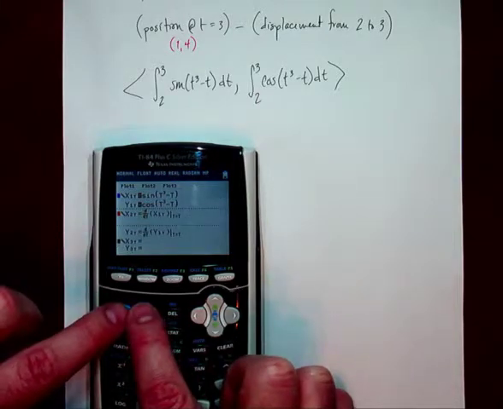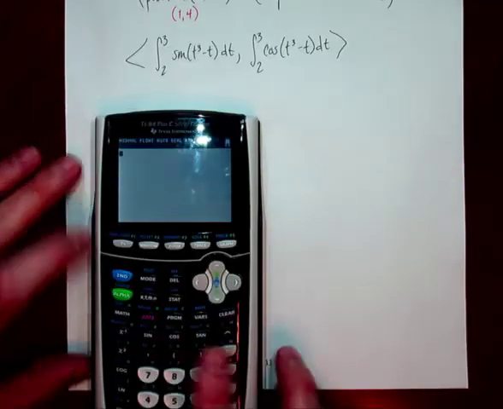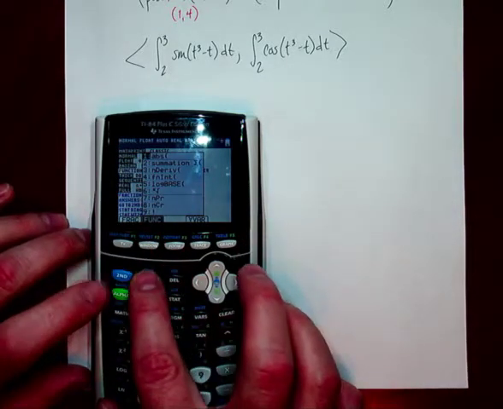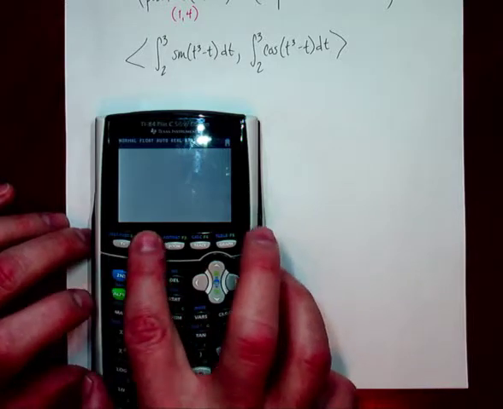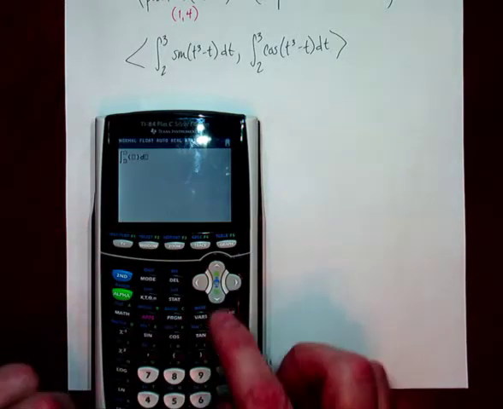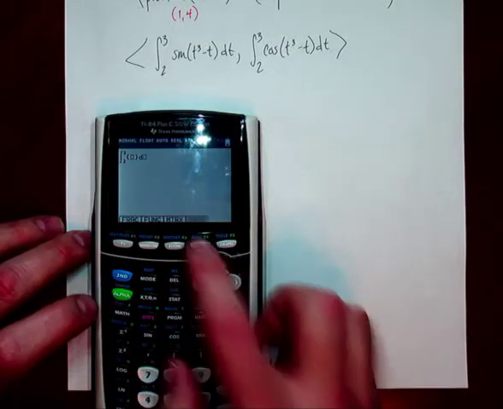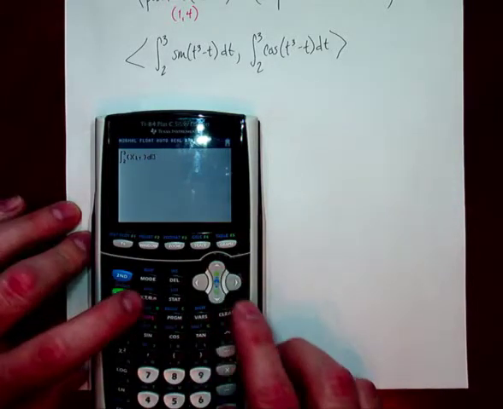And if I go back to the main screen, I need to get the integral from 2 to 3 of x1 dt.